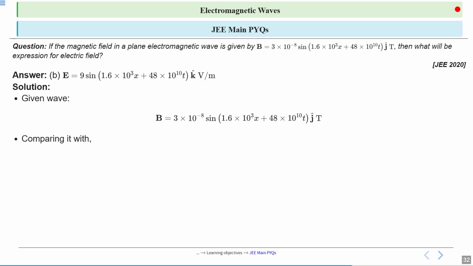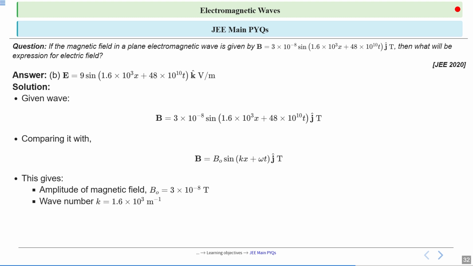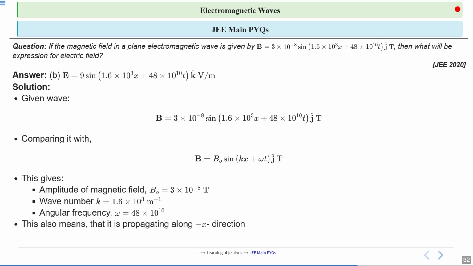Comparing it with the standard form, B equal to B naught sine (kx plus omega t), this gives amplitude of magnetic field B naught equal to 3 into 10 to the power minus 8 Tesla. Also wave number k equal to 1.6 into 10 to the power 3 meter inverse, and angular frequency omega is equal to 48 into 10 to the power 10. This also means that it is propagating along the minus x direction.